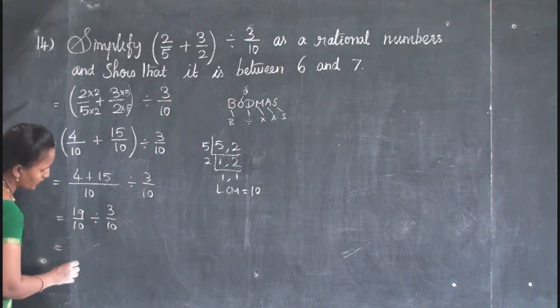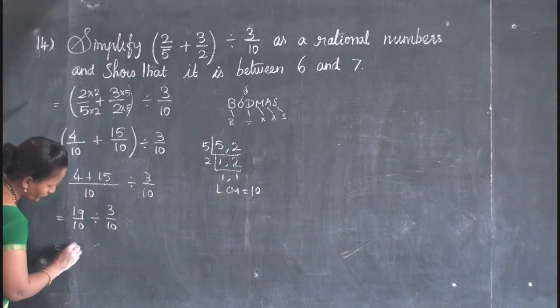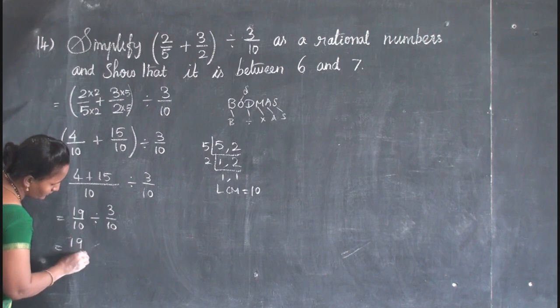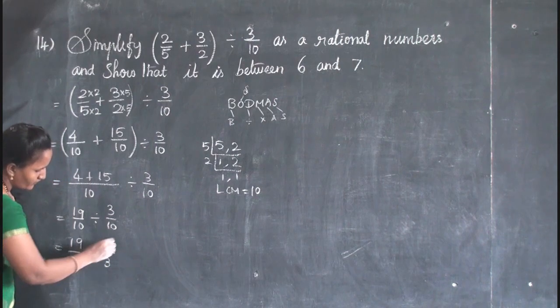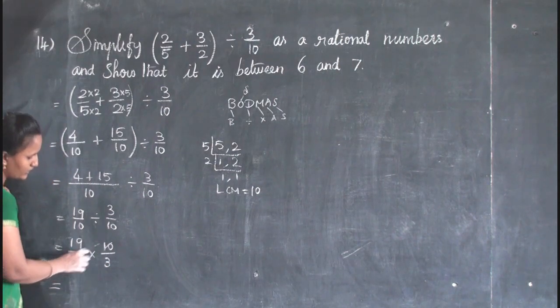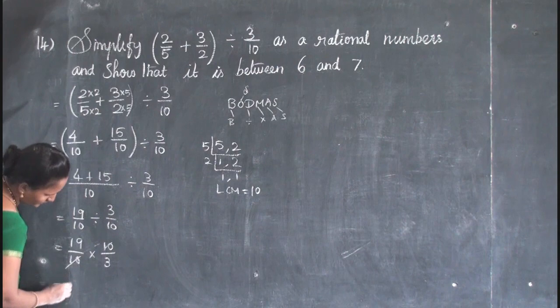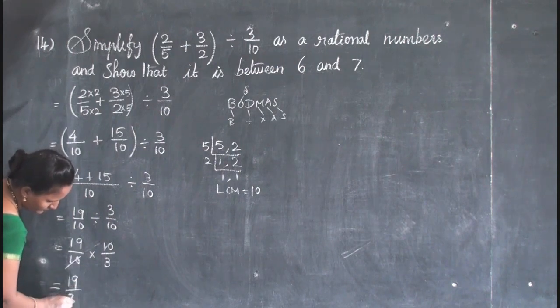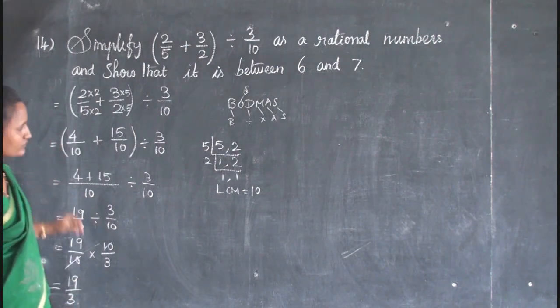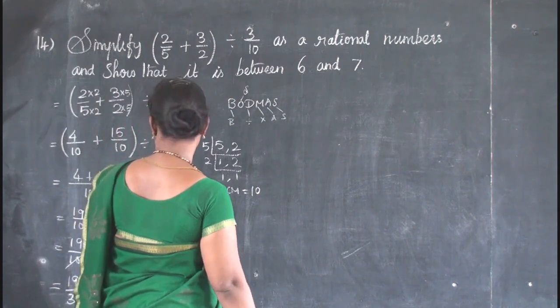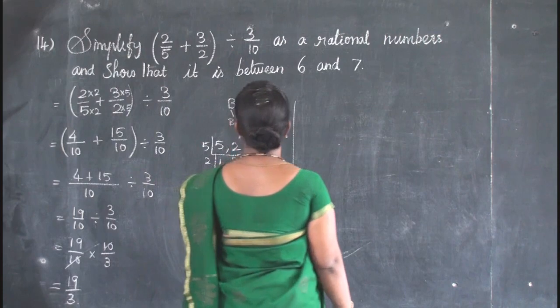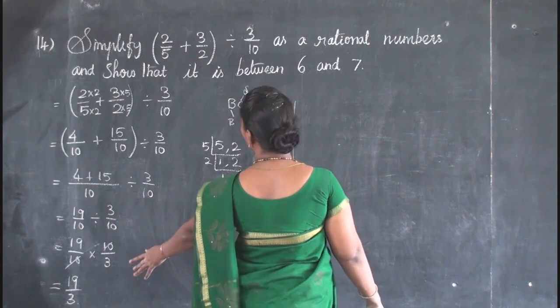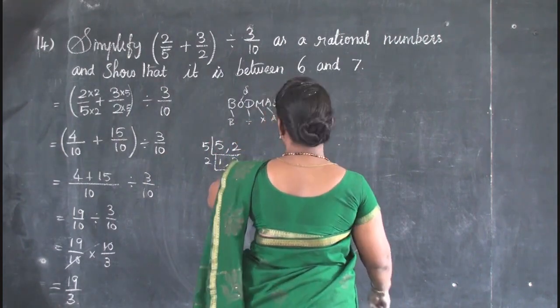Two fractions are in division. So we have to change it to multiplication, taking the reciprocal of the second fraction. So 10 by 3. Cancel 10 and 10. Plus 19 by 3. Now we have to show that it is between 6 and 7.